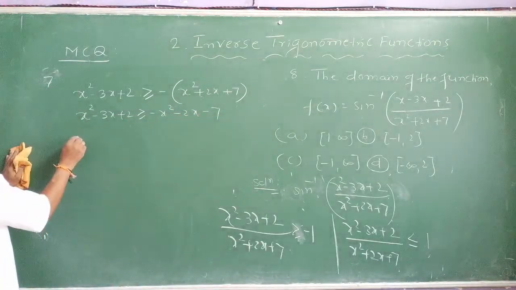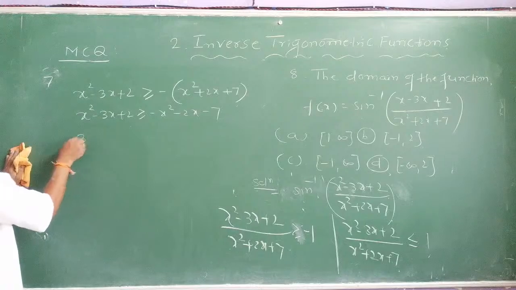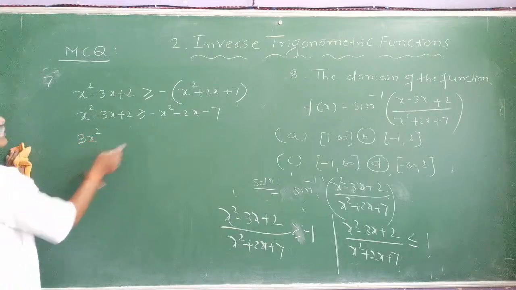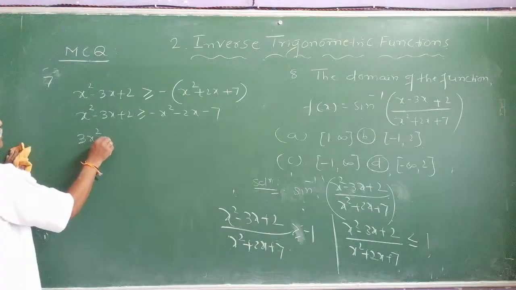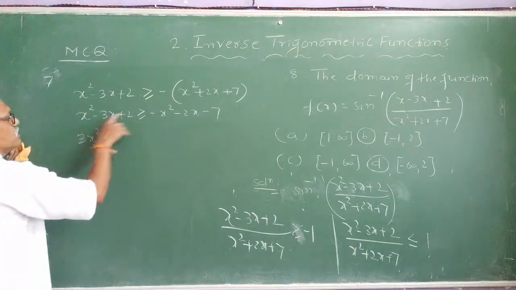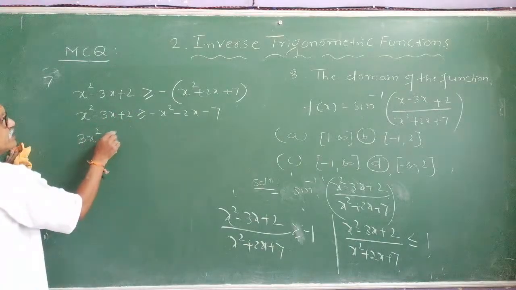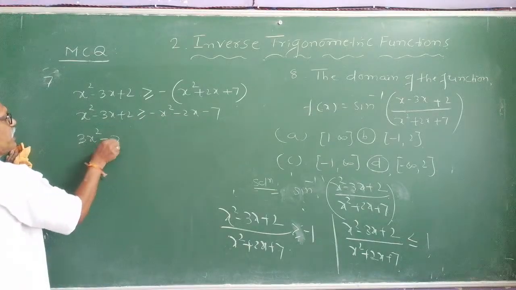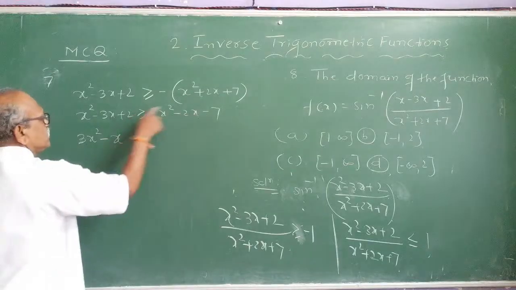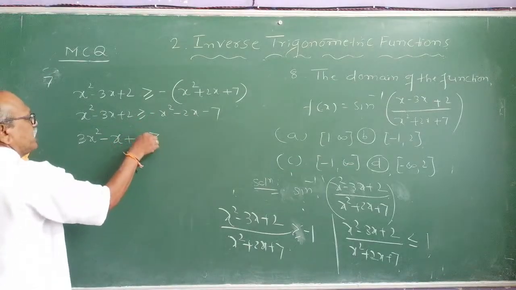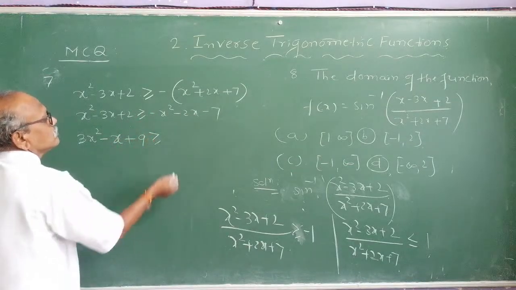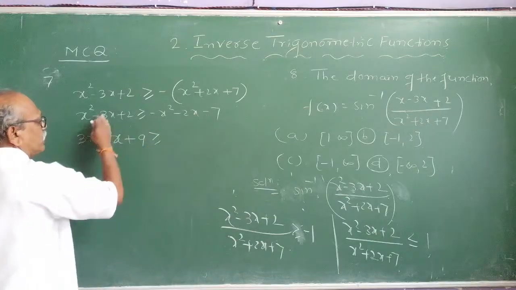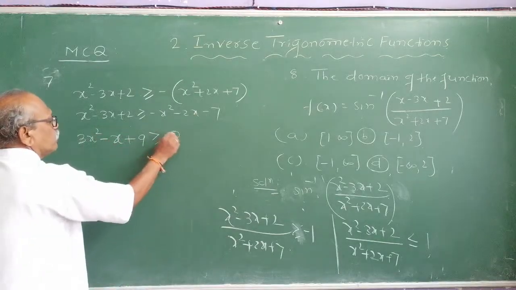Take it to the left. It becomes 2x square, minus 3x plus 2x, plus 9, should be greater than or equal to 0.